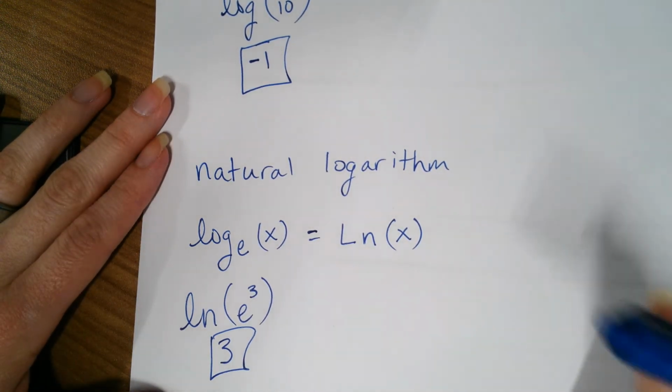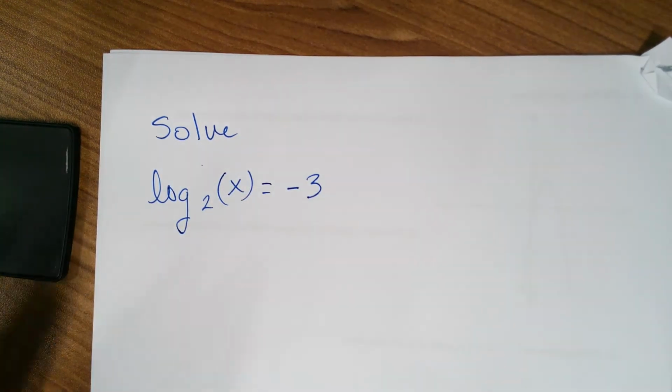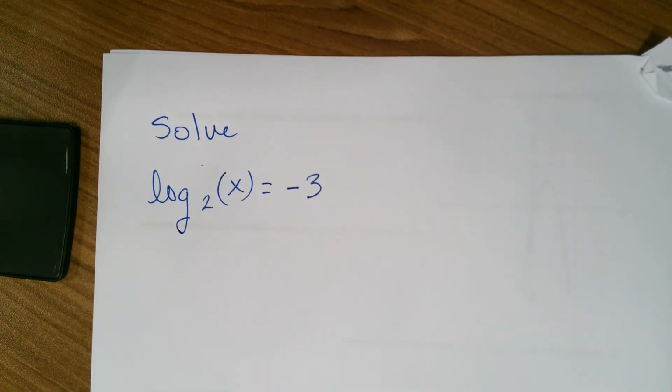So now that we know our special bases, let's use everything that we have talked about to solve a couple of logarithmic equations. So we want to solve log base 2 of x equals -3. So just using the exponential form would allow us to solve this. So remember, our base would have to be the same and the input and output are swapped. Something that I like to use when I'm converting back and forth from the logarithmic to the exponential is what I like to call the circle of life.